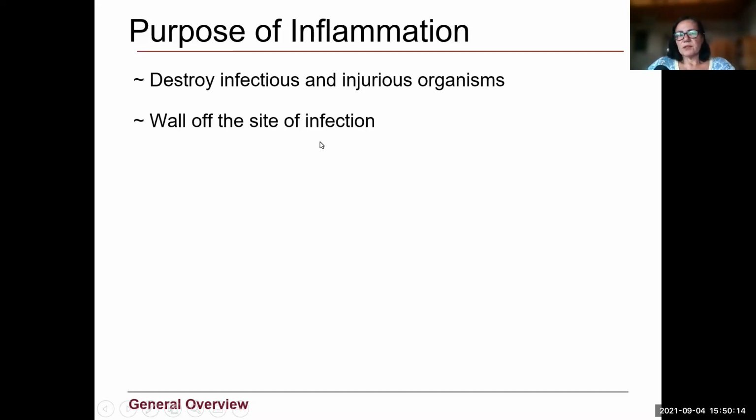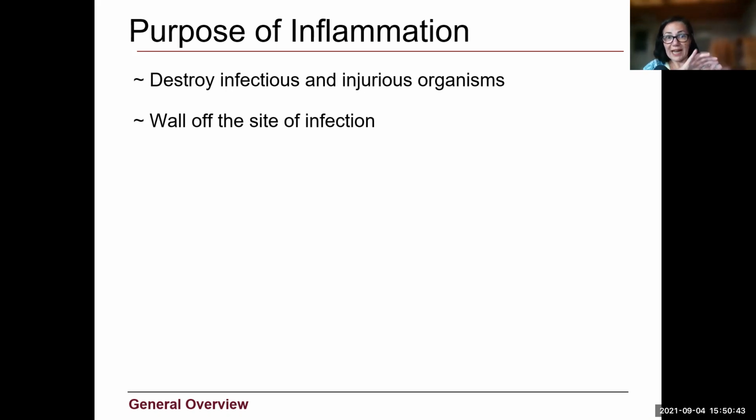Part of this process is walling off the site of an infection. Clearly, if a blood vessel is broken, we're going to do the clotting cascade and make a clot and close that off. But also out in the tissues, something called fibrin, part of the coagulation system. Some of those proteins from the bloodstream leak out into the tissues and kind of sprinkle around a corral.